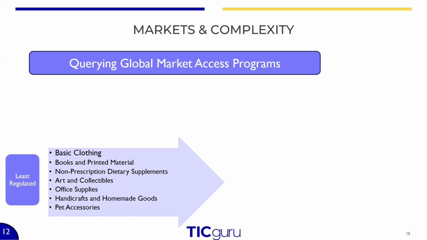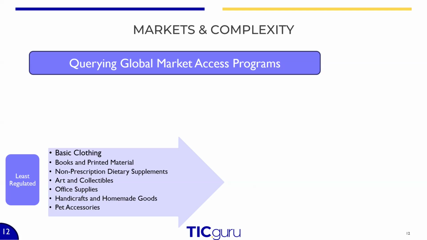And I realized that a good way to do it is to try and map one of the things which is least regulated. And I query, what are the requirements all over the world? Well, in trying to do so, I looked up the website of one of the large companies who offer a global market access program.